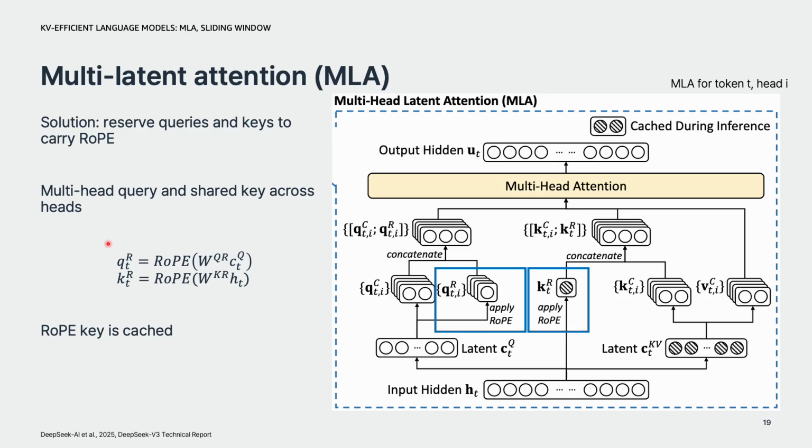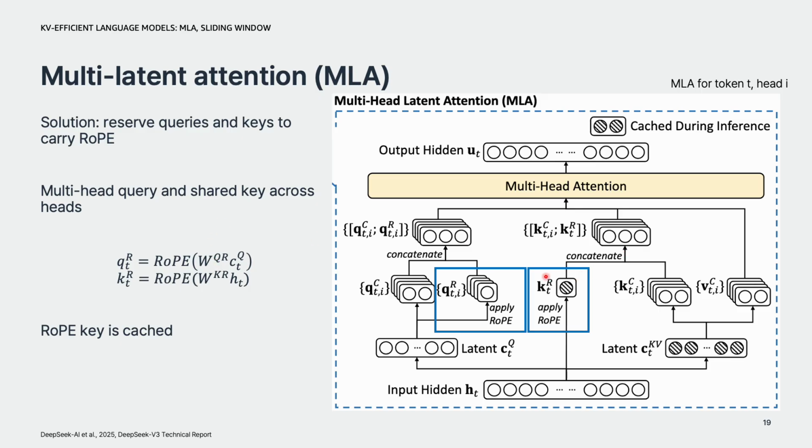It is similar for key. H_t is the hidden state, which is projected and then roped, which results in k_R, the key where RoPE is applied. As you can see in the figure, this k_R is shared across the heads, while q_R is different by head. q_R can be different by head because W_QR, the up projection matrix, is different by head.